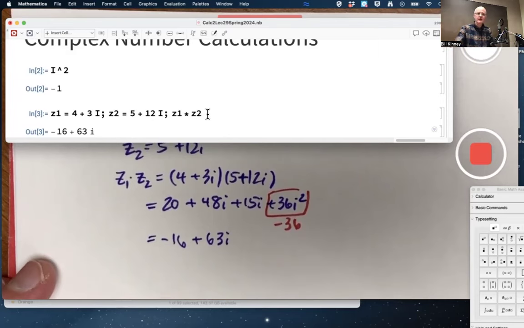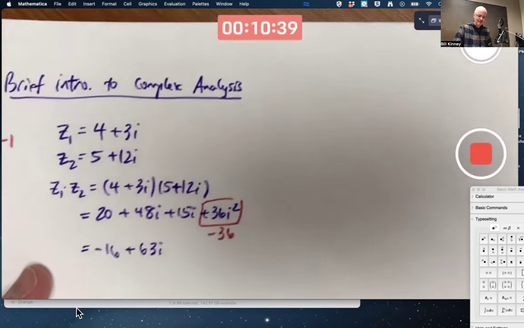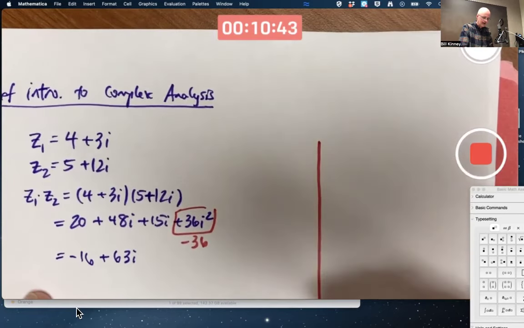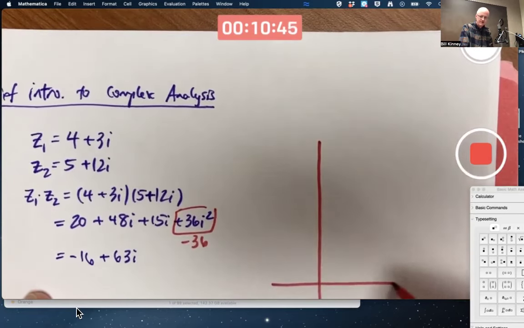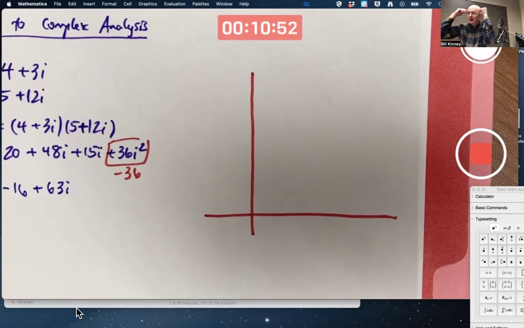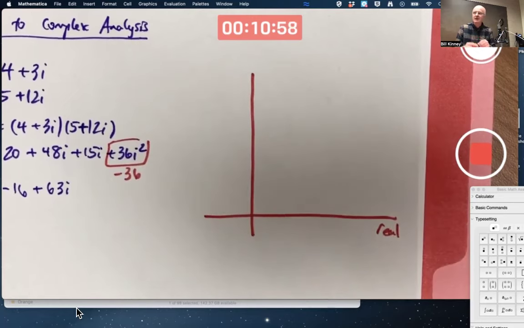What's the geometric interpretation of complex multiplication? I'm going to make a picture over here of a plane, a complex plane. What makes this a complex plane? It's all in your imagination, puns intended today. In your imagination, you label this axis the real axis and you pretend it is the real number line.